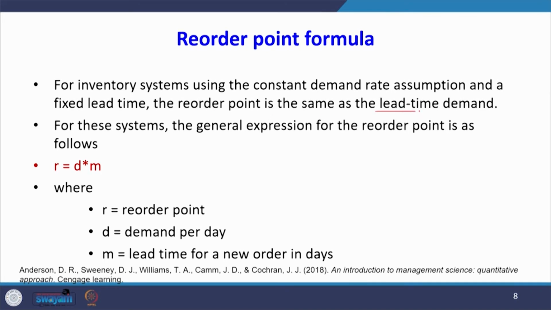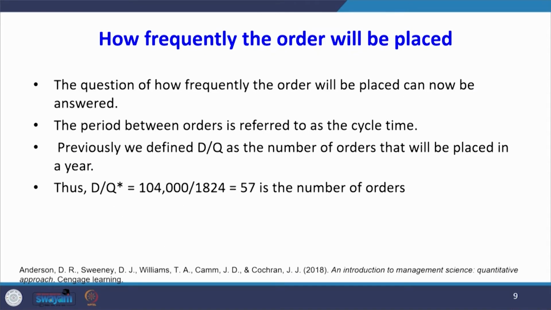So, the reorder point is nothing but your demand during the lead time. For this system, the general expression for the reorder point is R equal to D times M, where D is the demand per day and M is the lead time for a new order in days. We can use this as a formula to know the reorder point.